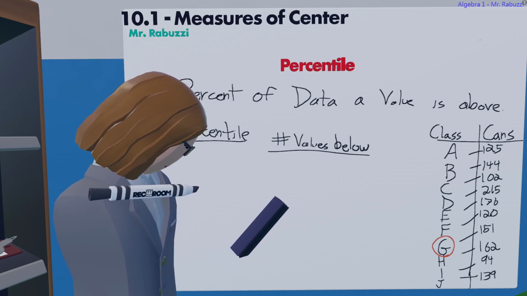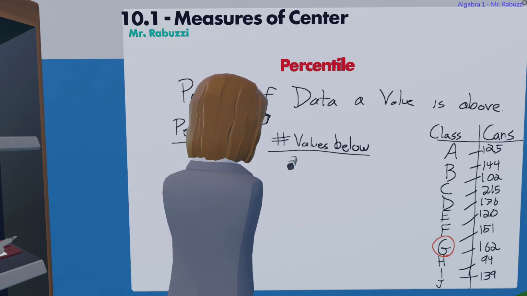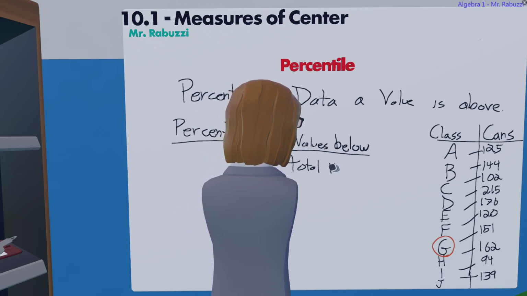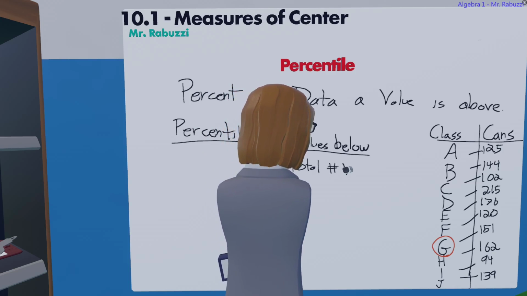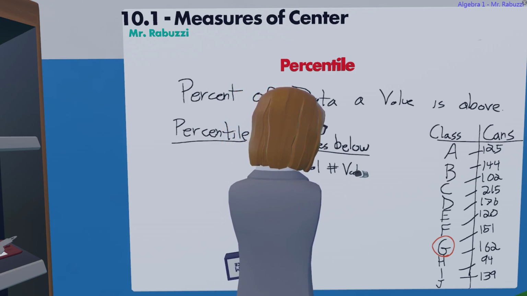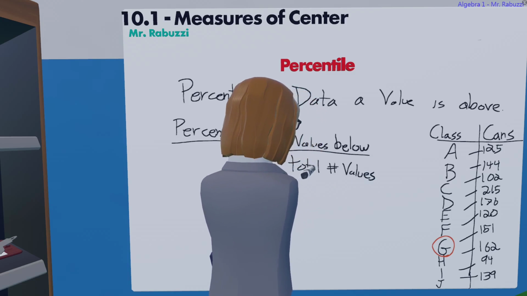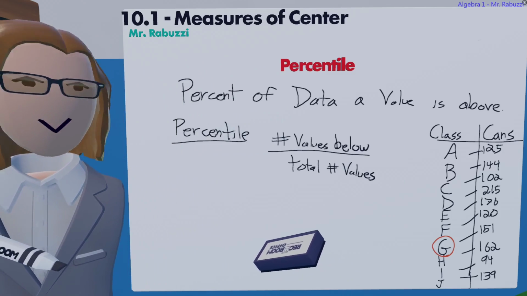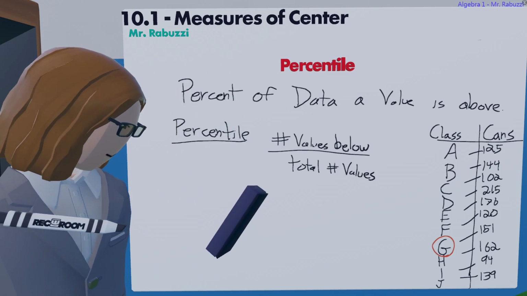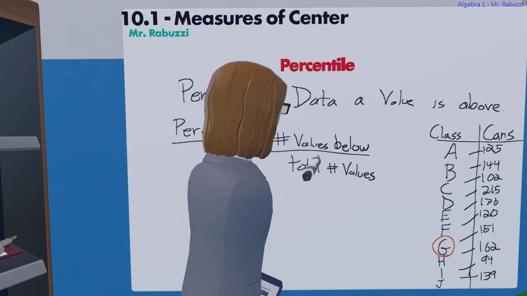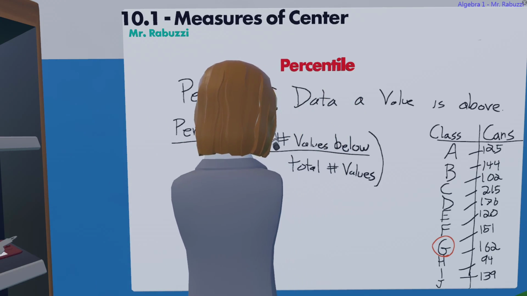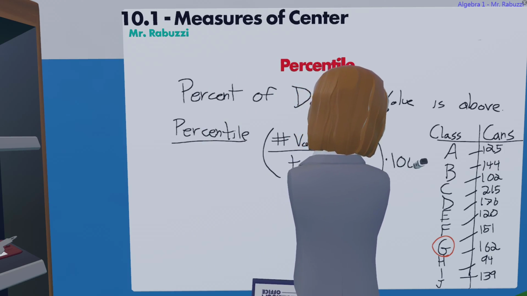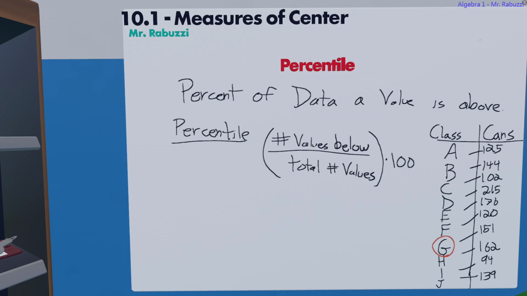And then on the bottom with our division, we want to put the total number of values. So in this one, the total is 10 values, 10 different numbers. We do that division, and then we multiply by 100. And then we will find a percentile.